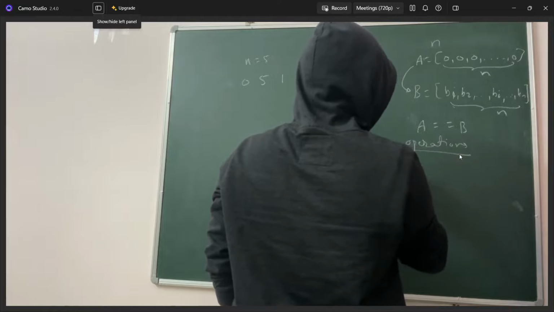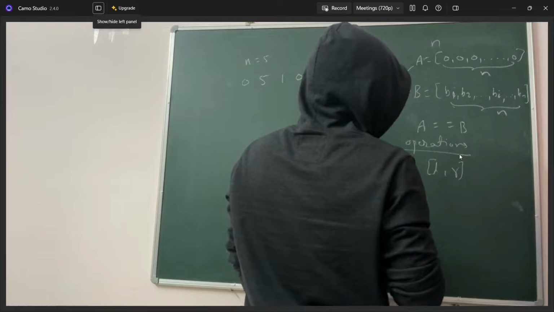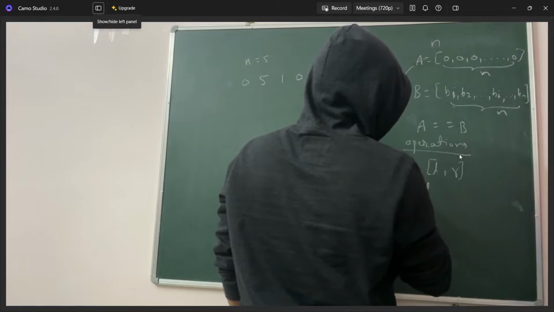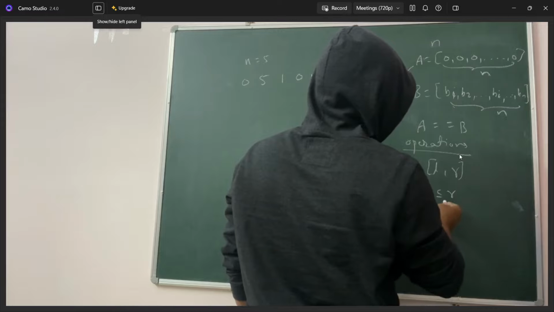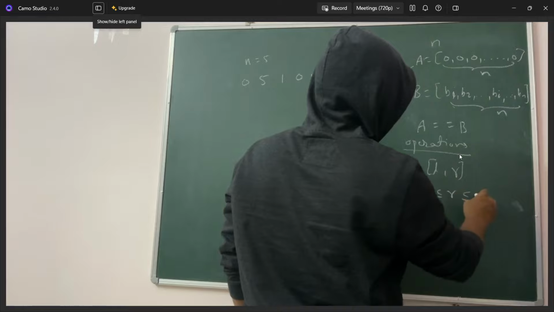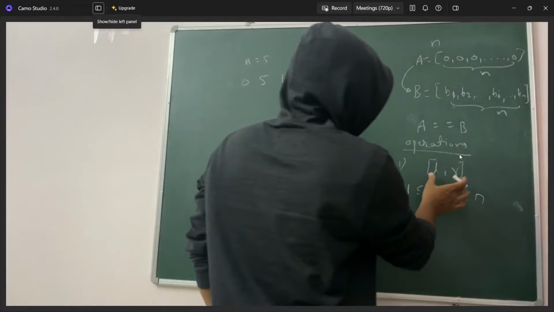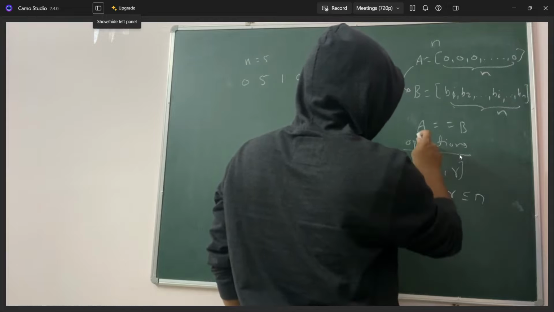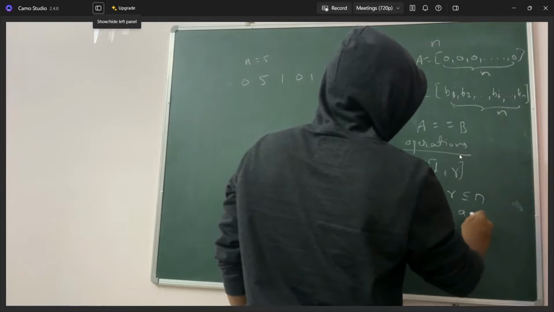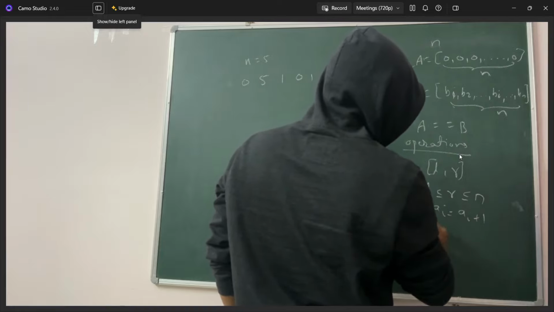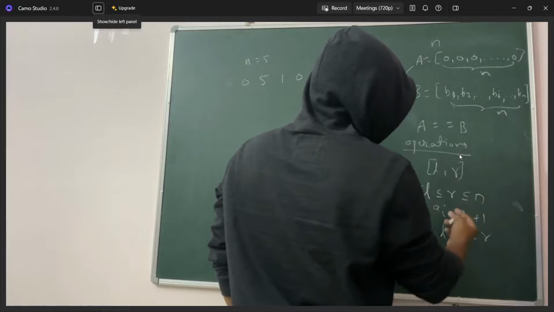In the operations you can choose L and R, both inclusive, where L is greater than or equal to 1, since it is 1-based indexing, and L is at most R, and R is at most N. So whenever you choose L and R, it should be within the range 1 to N. Once you have chosen the range, for the array elements A[i] you can increase them by 1 for all i with L ≤ i ≤ R. So in the range you can increase elements by 1.